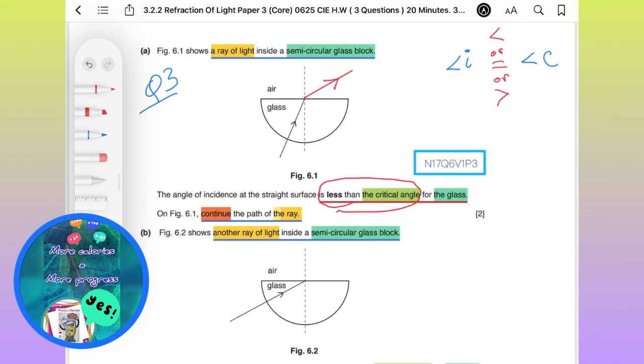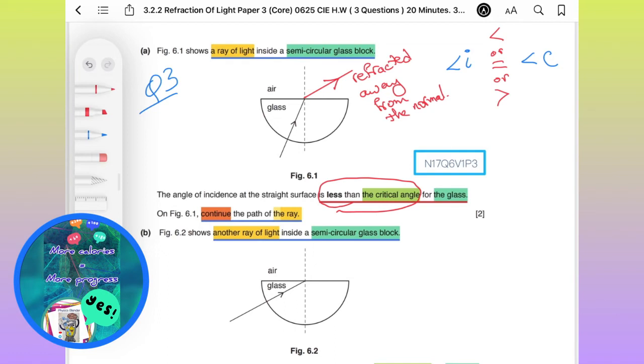The ray will be refracted away from the normal. Okay. On the figure, continue the path.